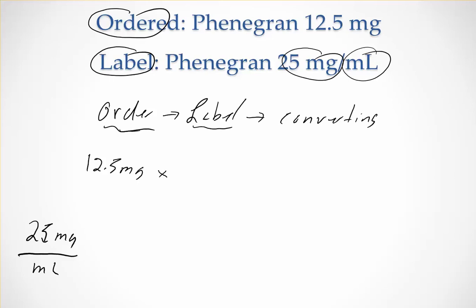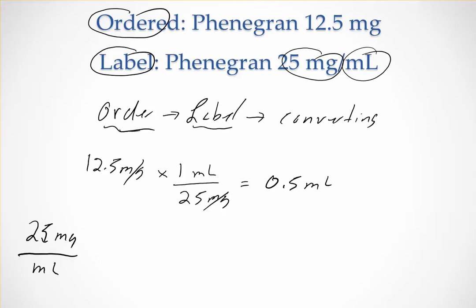If I would just write in 25 milligrams per milliliter, we're now going to have milligrams squared. So we don't want that. So we'll have 1 milliliter per 25 milligrams. And then if we do the math, we get 0.5 milliliters because milligrams canceled out.